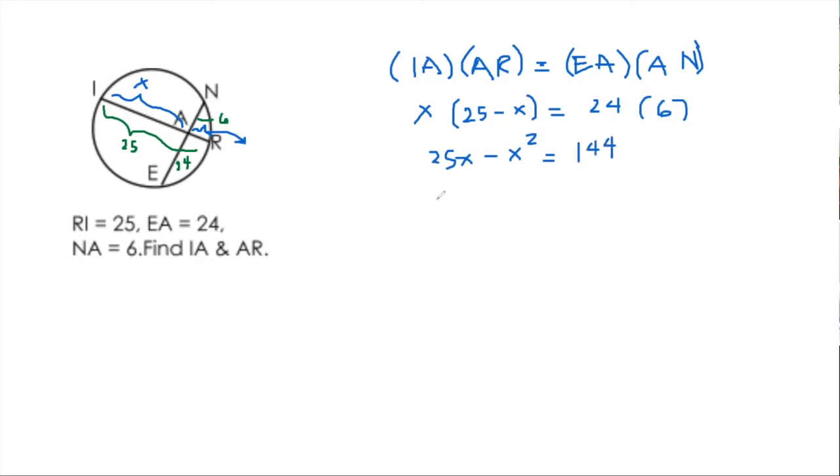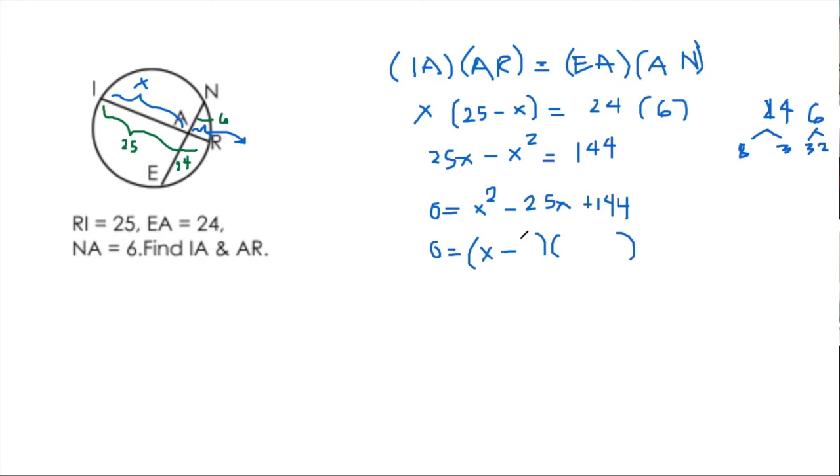And then since you're dealing with a quadratic equation, transform that to the standard form of a quadratic equation. So x squared minus 25x plus 144. What I did is to make one side 0, and then I can continue to factoring. What will be the factors? That would be x minus 16 and x minus 9.